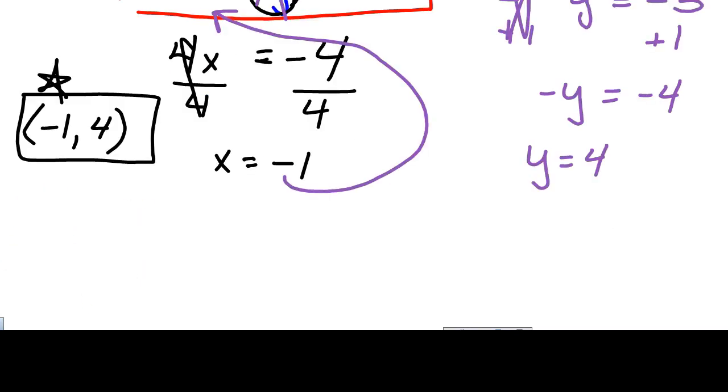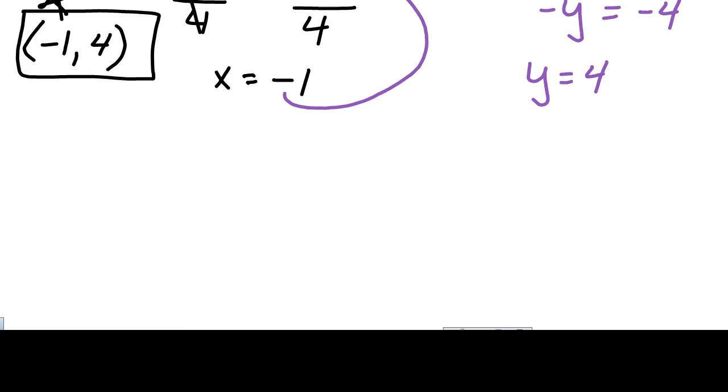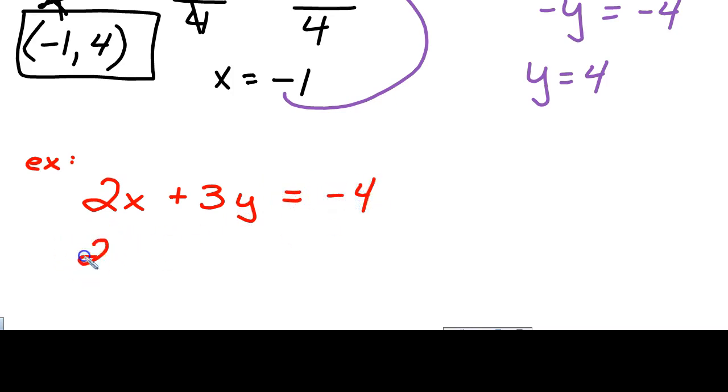Let's go ahead and try another one because sometimes these can get a little tricky. So here's another example. Say I have the system of linear equations 2x plus 3y equals negative 4, and the other linear equation 2x minus 3y equals 8.